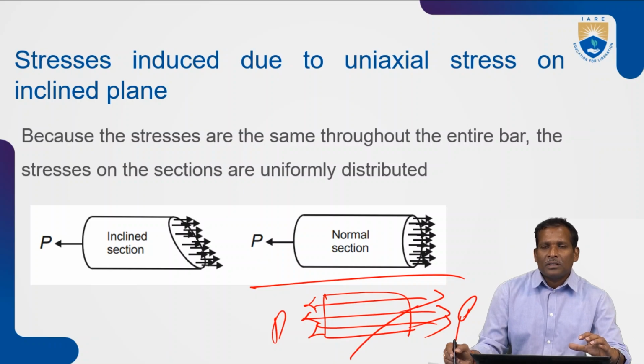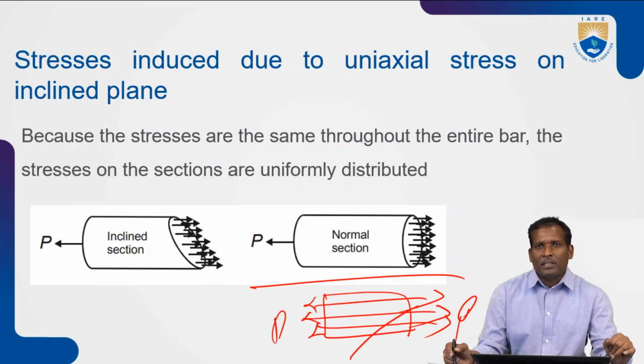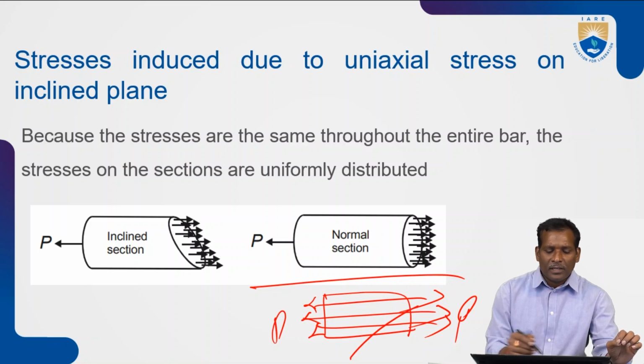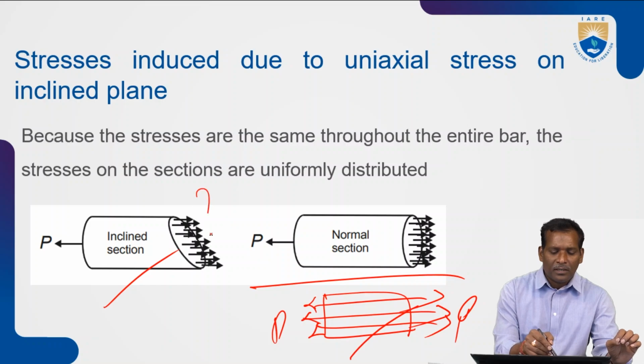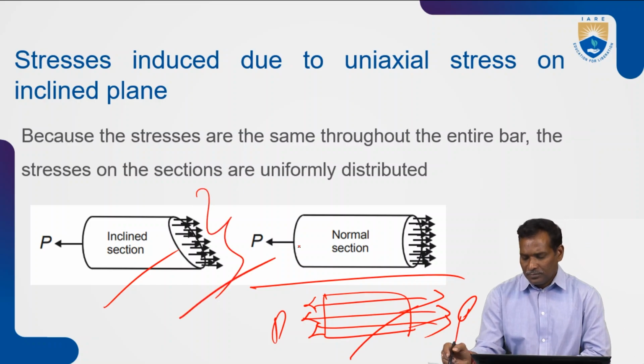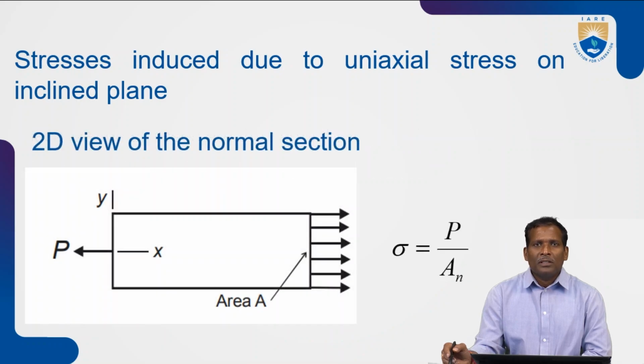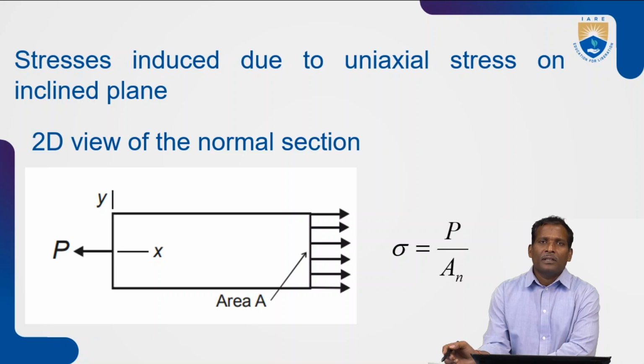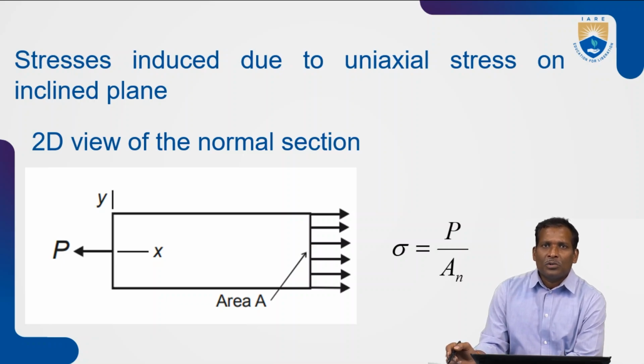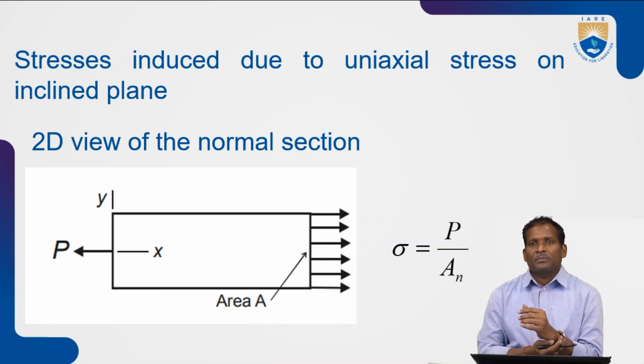So based on this, we have derived the empirical relations. Here, in the inclined section, the stress distribution lines are uniform. So uniformly distributed. Here is the 2D view for the normal section.